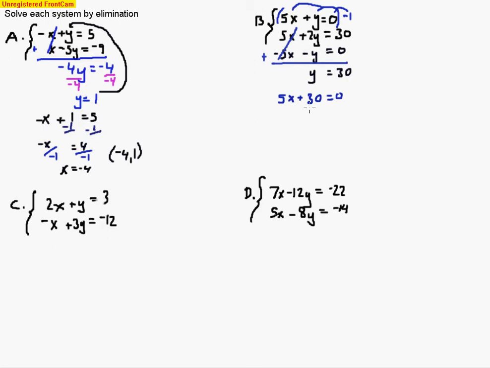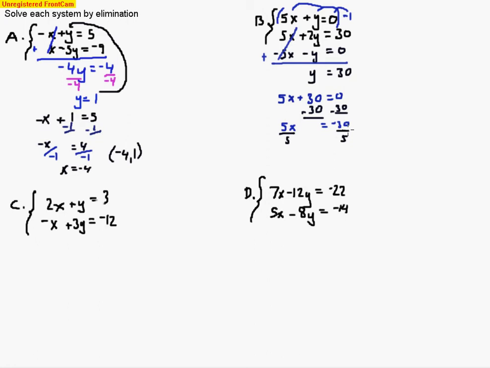I can subtract that 30 from both sides. And once I do that, I've just about got x by itself. I just need to divide by the coefficient of x. So 5x equals negative 30. As I said before, we'll just divide by that 5, and we've got x isolated.